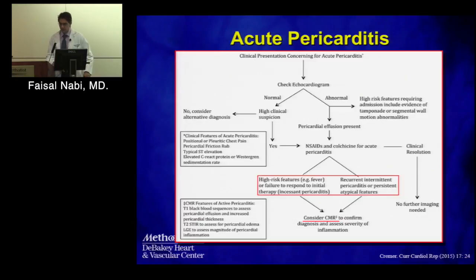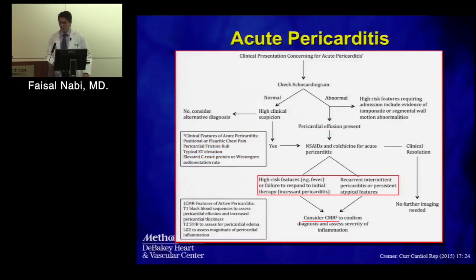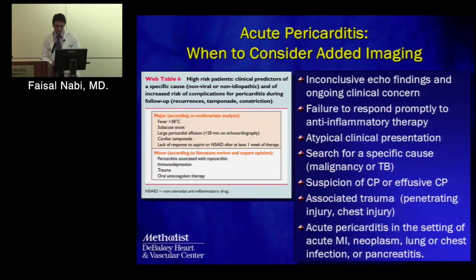Here I've put this red box around it, and I'll show you another slide what we mean specifically by high-risk features, or those who have recurrent intermittent pericarditis or persistent atypical symptoms where you want to assess for inflammation, or whether the pericardium is really diseased, yes or no. So what are some high-risk features where the experts feel it wouldn't be a bad idea to consider further advanced imaging?